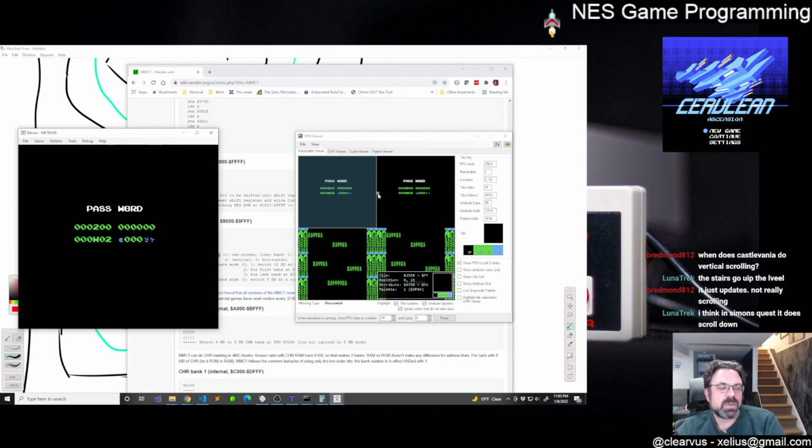In sections, especially in Castlevania 3, if you're moving up and down in the long, tall areas, it switches the mirroring because it's the only thing that makes sense for the way the scrolling would occur.